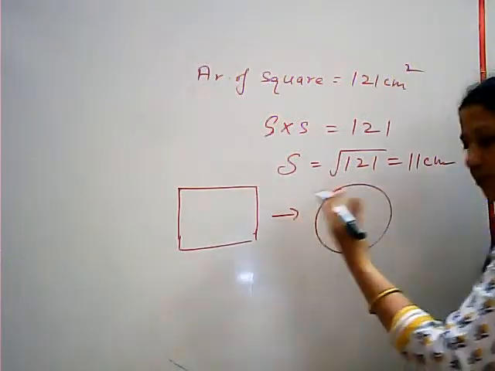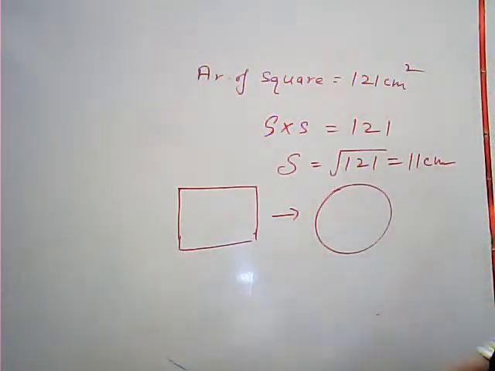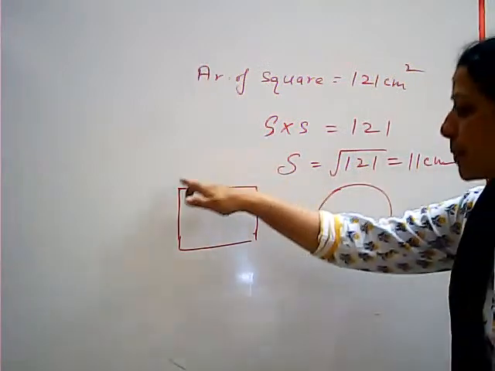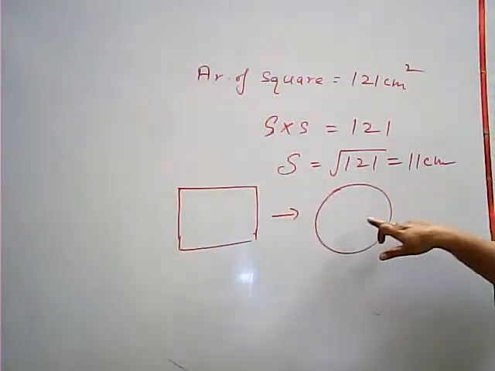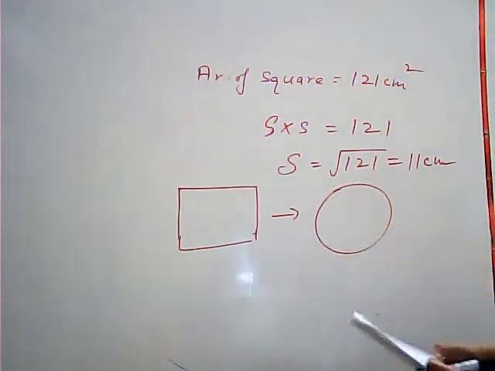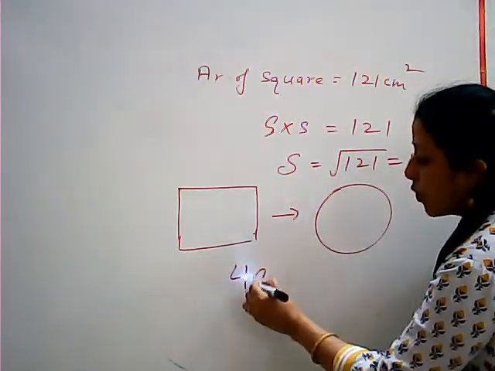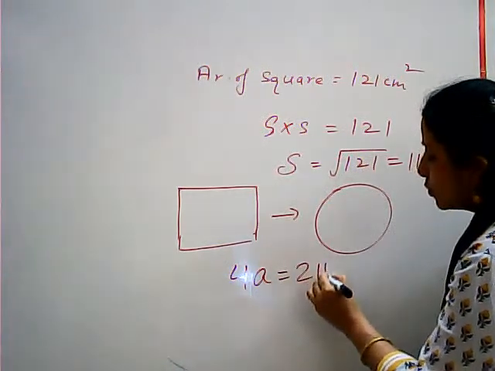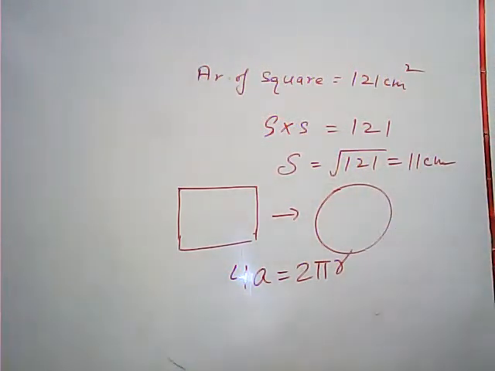Since the length of the wire is the same, the perimeter of the square and the perimeter of the circle are equal. So that means you will put 4a is equal to 2 pi r.